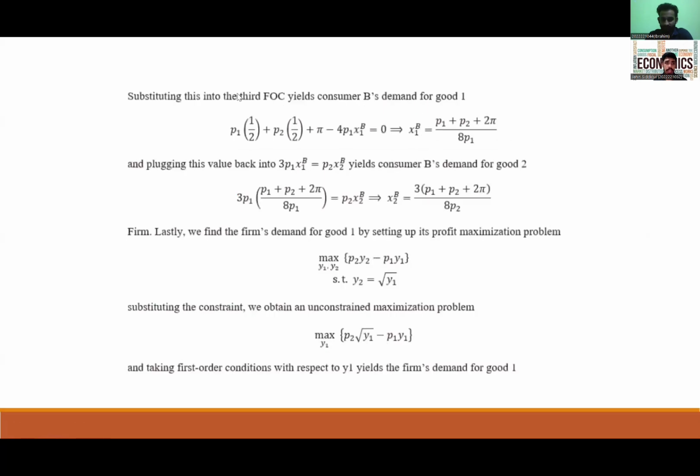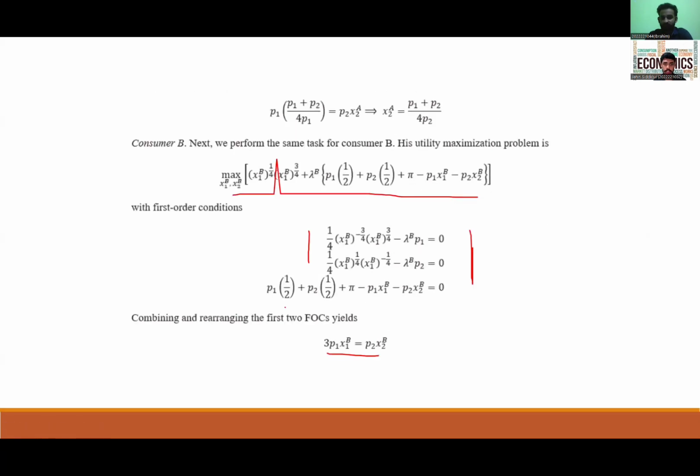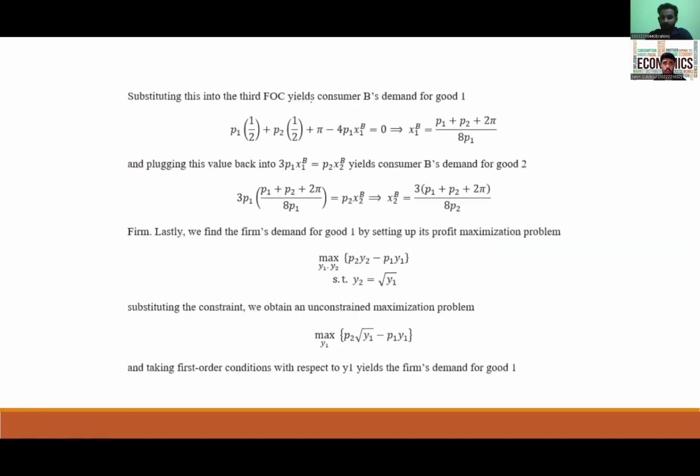Substituting this equation into the third first order condition, we get consumer B's demand for good 1. Plugging this value into the equation derived earlier, we get consumer B's demand for good 2, written here as x2b, and consumer B's demand for good 1 is x1b.